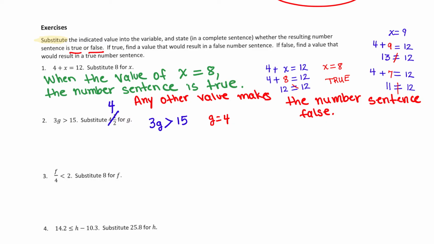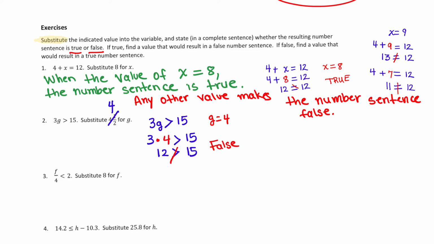So let's substitute 3 times 4. Is it greater than 15? What is 3 times 4? 3 times 4 is 12. Is 12 greater than 15? We know that is not true, right? 12 is smaller than 15. So the answer is false.